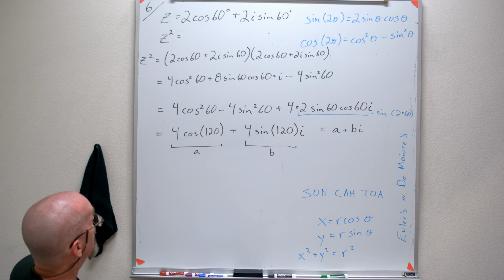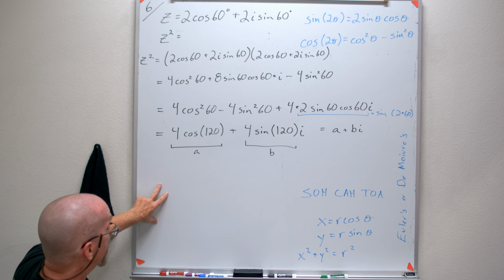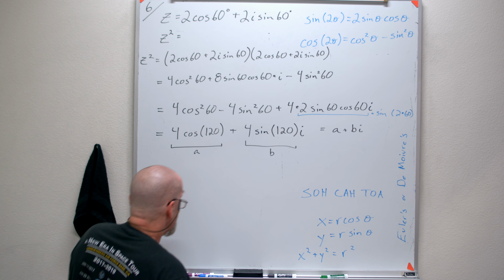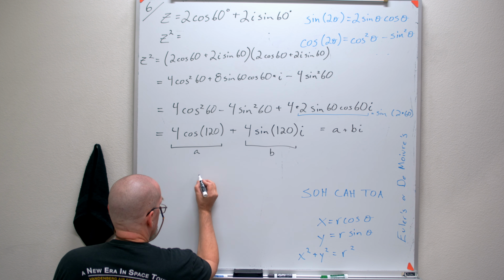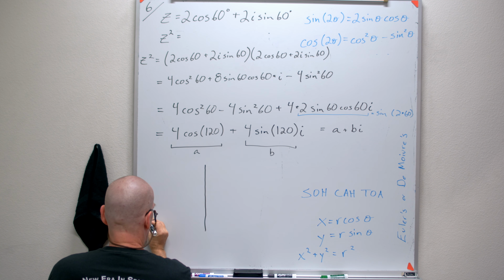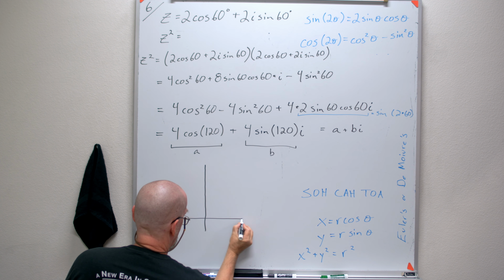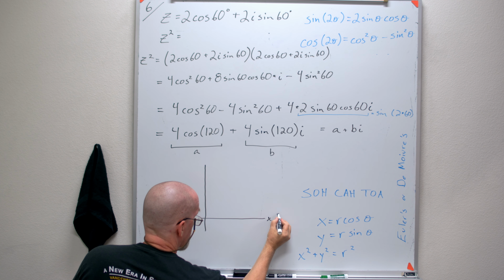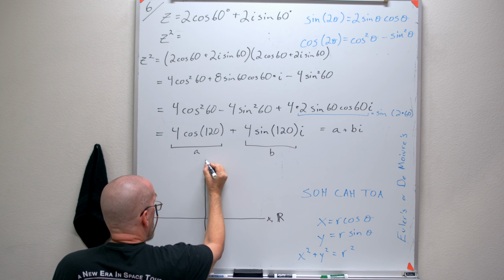So if we draw a graph, I'm going to go ahead and draw them down here. The x-axis is where we put our real numbers. The y-axis is where we put our imaginary coefficients.